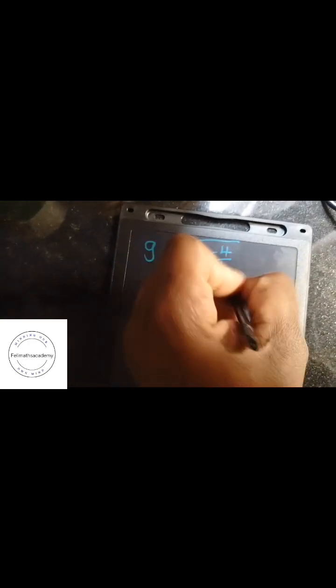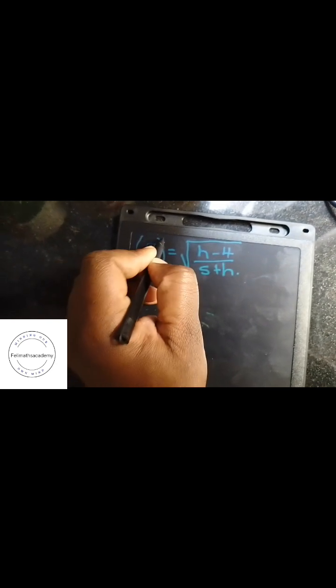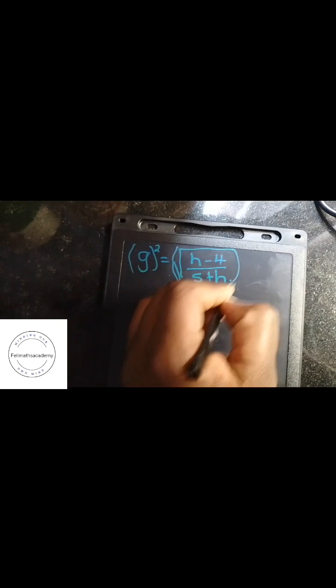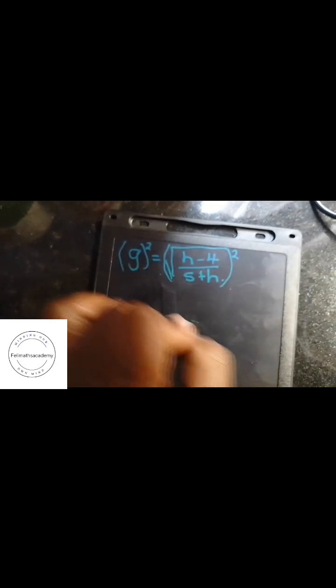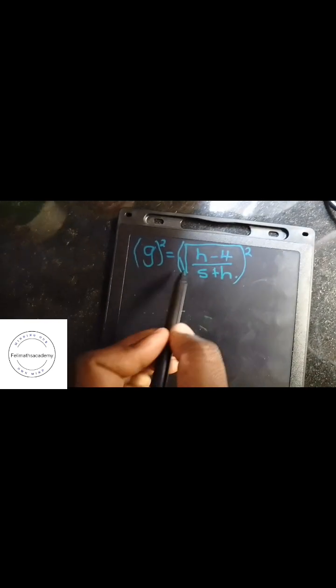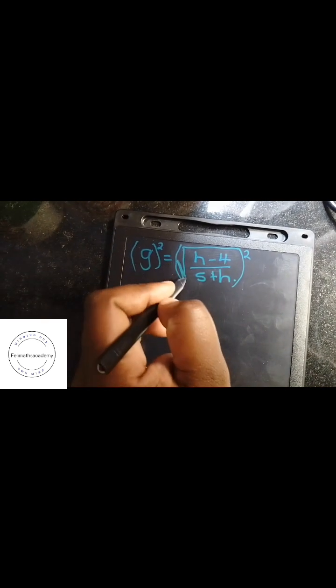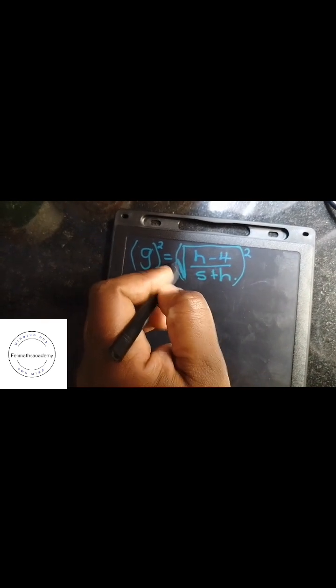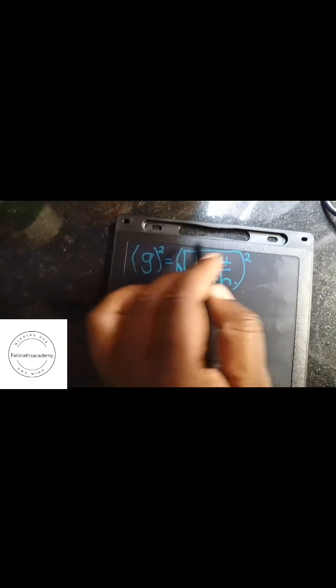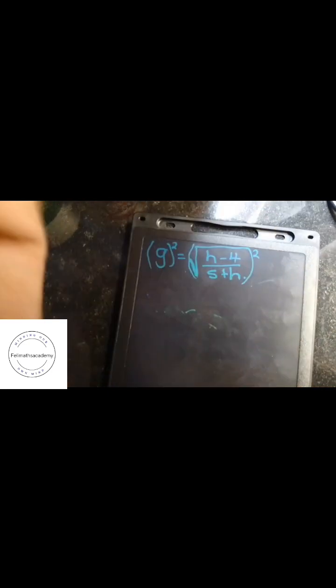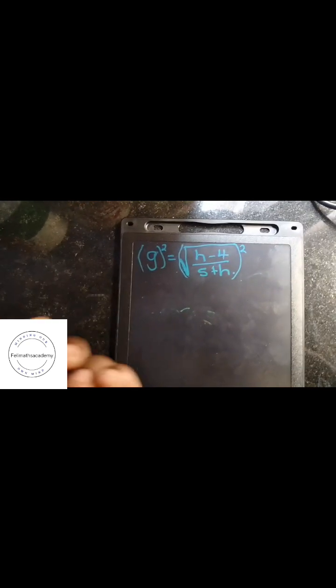We want to get rid of the square root, right? We cannot perform any operation before removing this square root. So we need to remove this square root, then we can perform all the other operations.